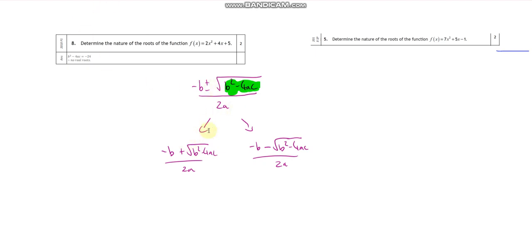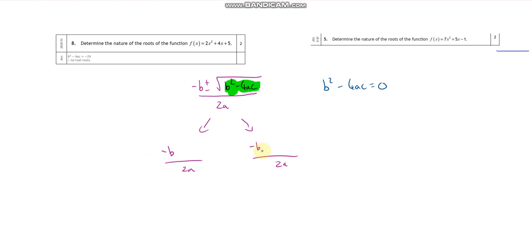Okay, so think about it. If b squared minus 4ac comes out as, say, 0, then there's nothing here and nothing here. Okay, so if b squared minus 4ac is equal to 0, these two numbers are exactly the same.